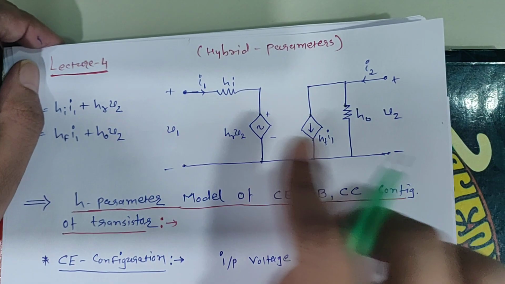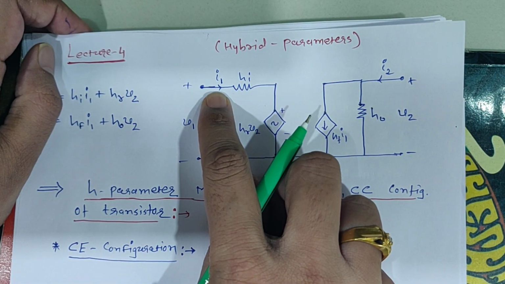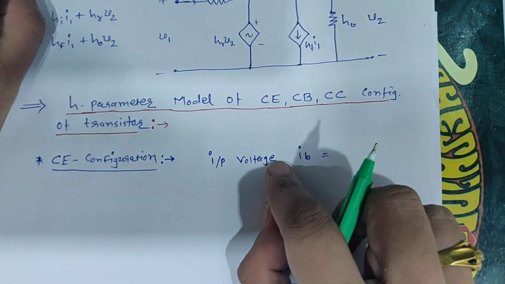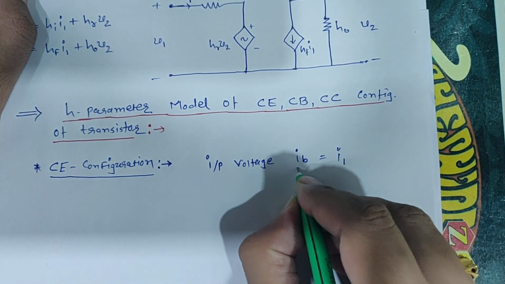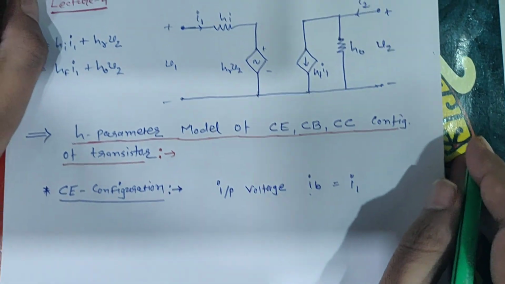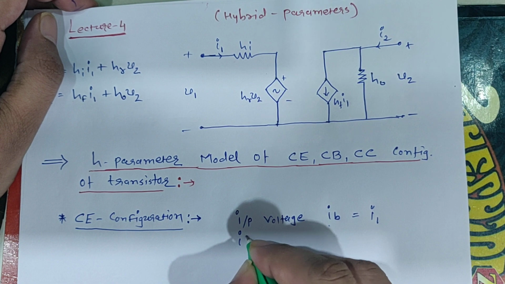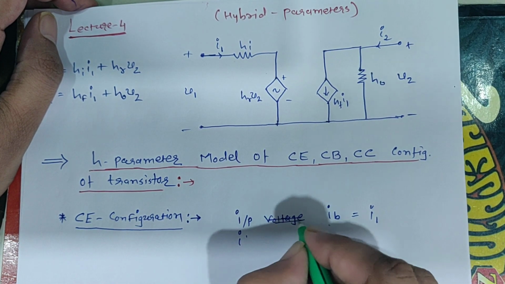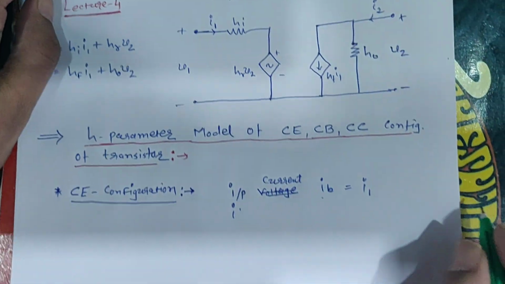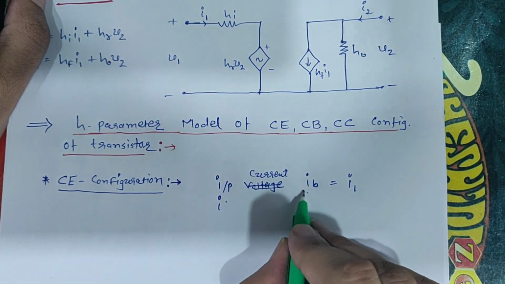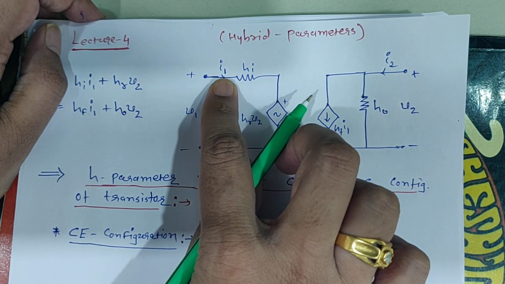Now if we see this circuit, here the input current is I1. So we will replace the name I1 with IB. Input current IB, and in this circuit it is I1.